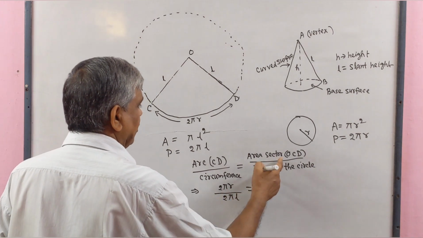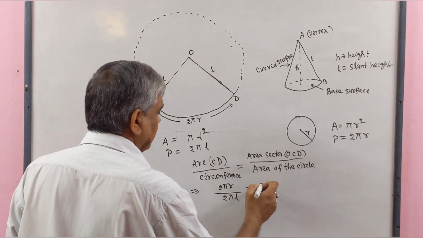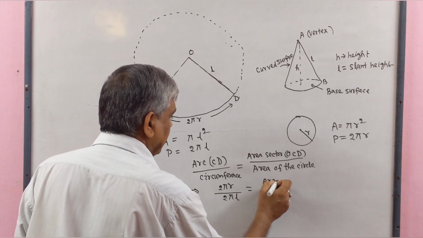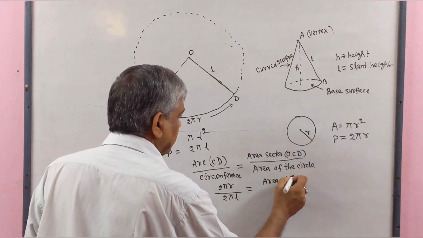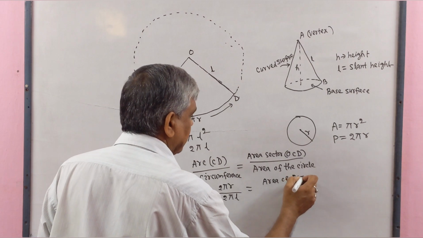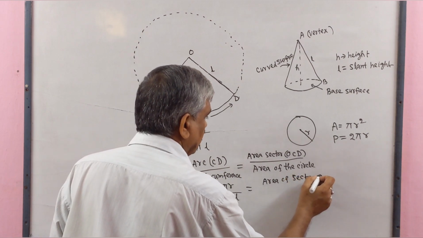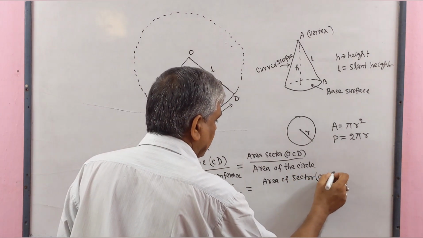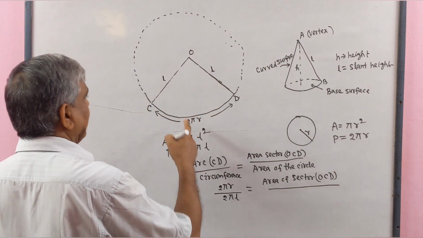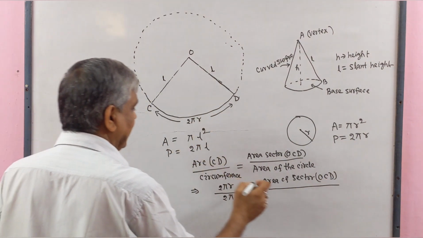And here area of the sector OCD by area of the circle is pi L square.